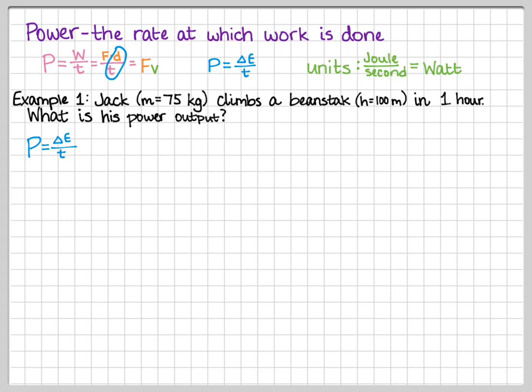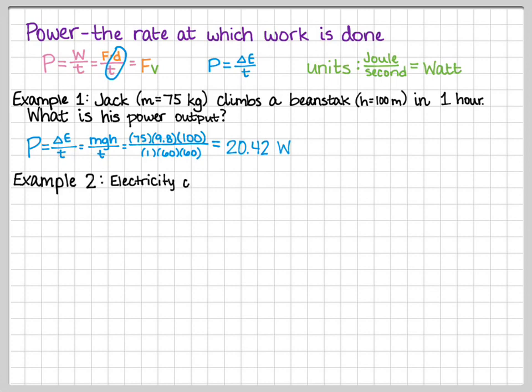Take the difference of the two and then divide it by how long it took. So I'm going to use the fact that Jack gained gravitational potential energy and divide that by the time it took. So 1 hour is 60 minutes times 60 seconds. That's what I've got going on in the denominator there. And Jack's power output is a measly 20 watts.